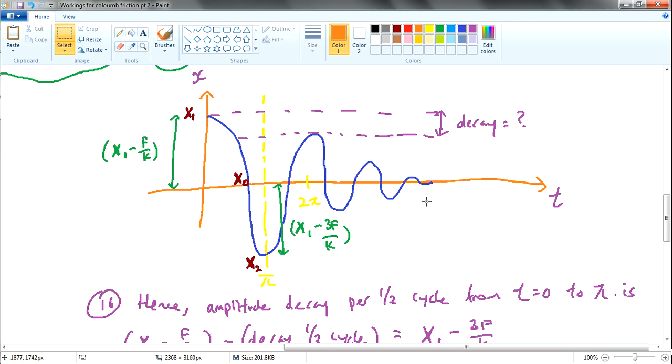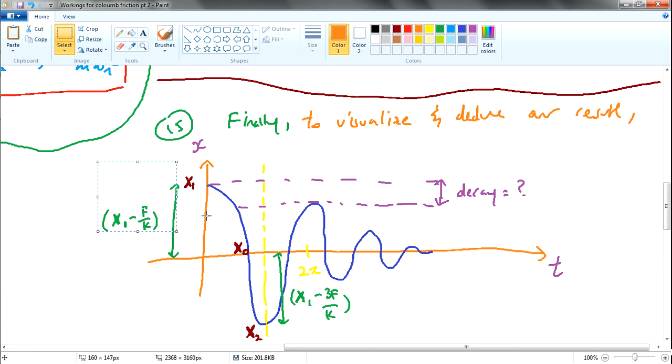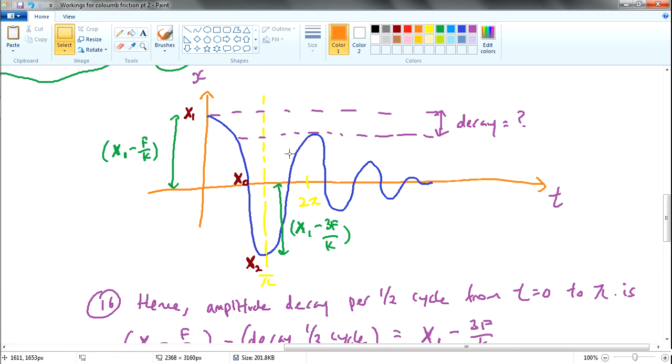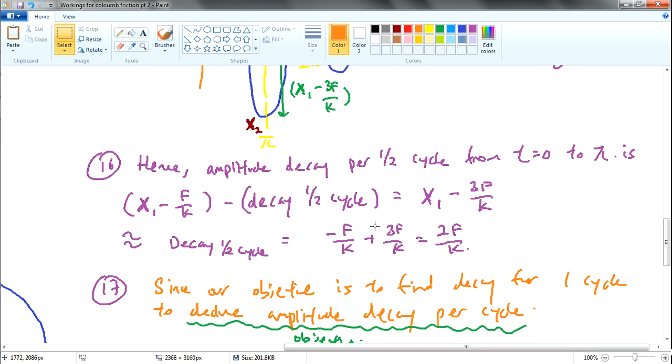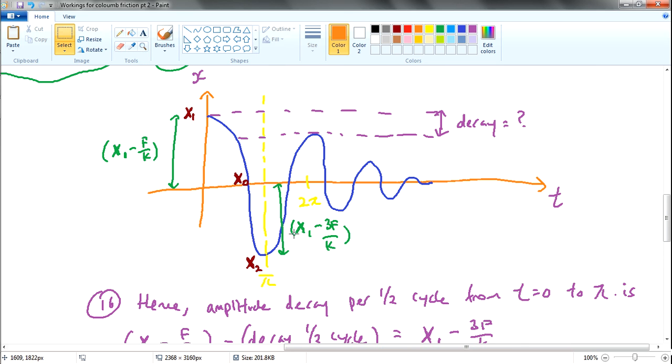So this amplitude over here minus decay, you get this portion over here, which is initially the same equation as this. And therefore, when you rearrange, you get 2f over k, but we are just talking about half of the cycle, because typically, oh okay, now I understand.